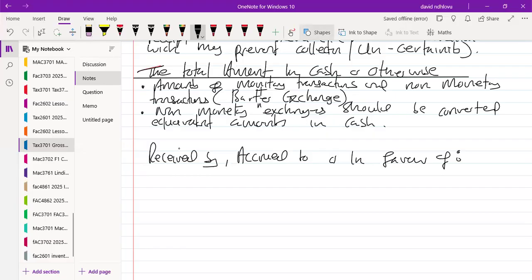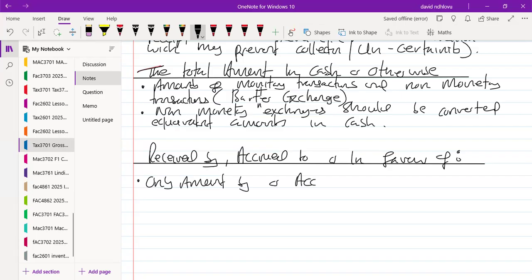Here we are saying what can be included in a taxpayer's gross income. We're saying only amounts received by or accrued to. Remember, received by, you have received the amount of money. Accrued to, you have become unconditionally entitled to an amount.